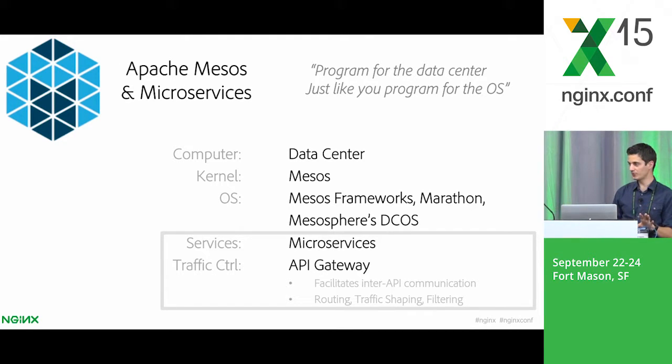If these words are new to you, don't worry because we're going to play with them today. The services are the microservices, as I mentioned to you, and the traffic controller is the API gateway. And this gateway facilitates the inter-API communication and does the traffic shaping, the API key management, and the things that I showed you previously.